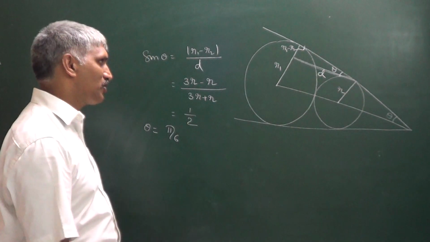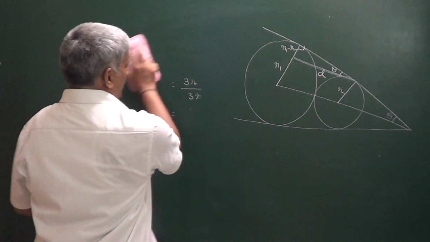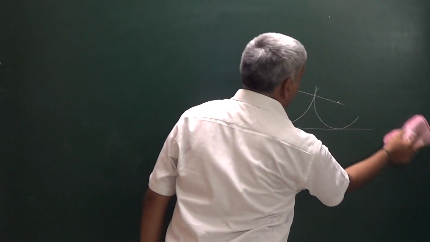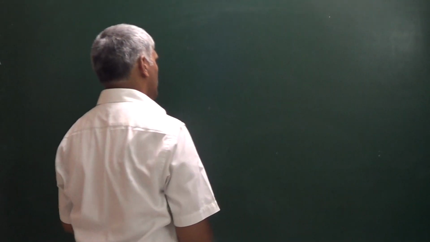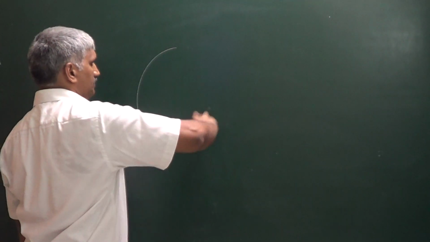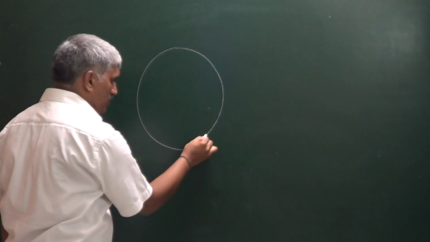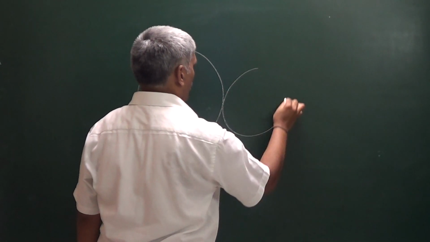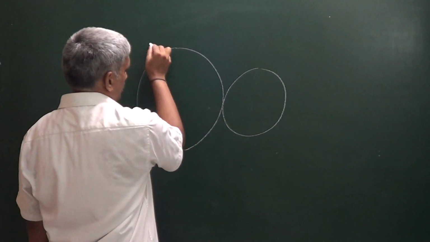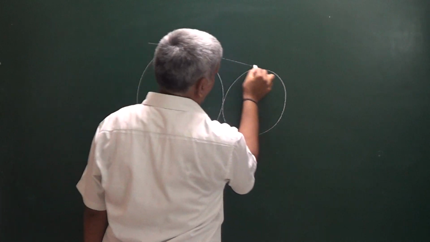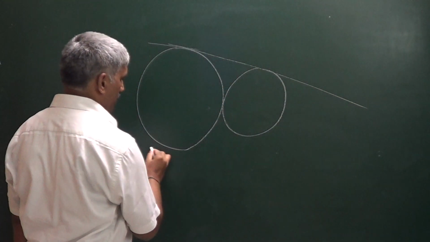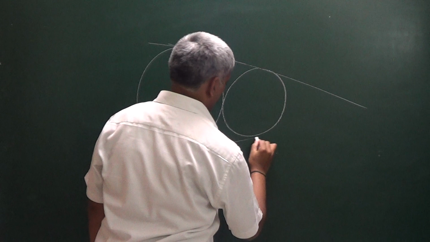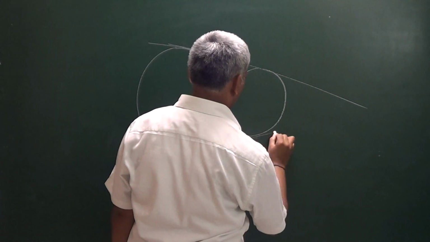Now once again you can observe here, if the radii of the two circles are in the ratio 3:1, and the two circles touch each other externally, this is one common tangent, this is the other common tangent.